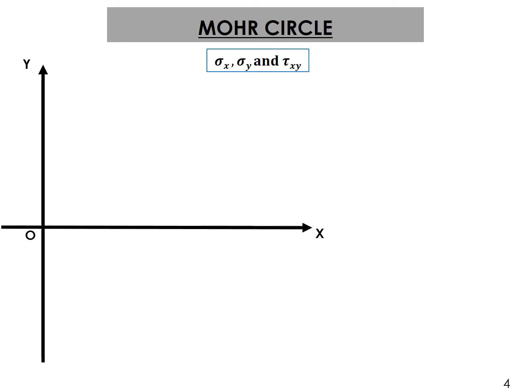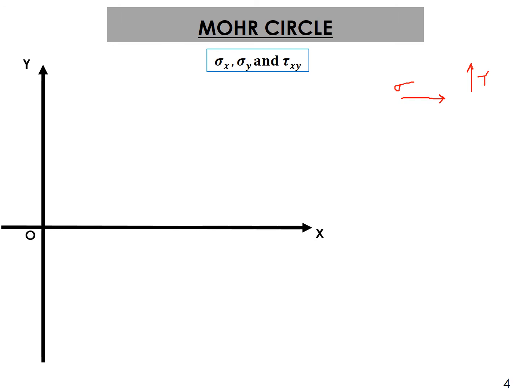For the Mohr circle, the normal stress will always act along the x-axis, and shear stress will always act along the y-axis. Again, I will repeat: normal stress will act along the x-axis, and shear stresses will act along the y-axis. This we have to remember. This is a very basic requirement of Mohr circle.